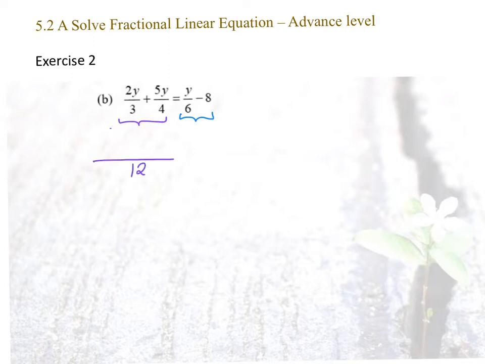I'll need to multiply by 4 and here multiply by 3, so that I will get 8y plus 15y equals to, and now I'm going to take this to be 1 and multiply by 6 to the numerator and the denominator. And the one single fraction will be over 6, y minus 48.